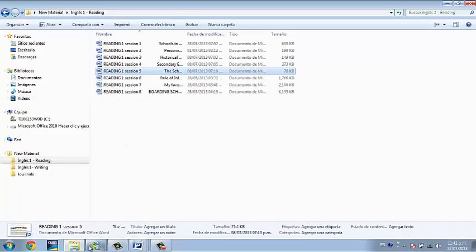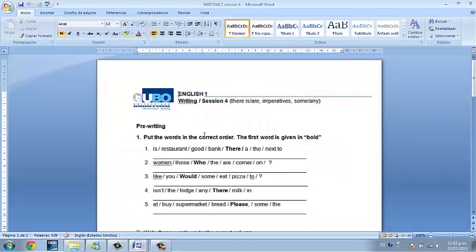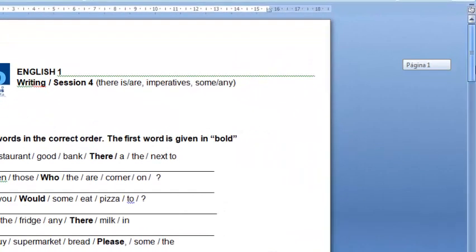Then they will have to look for writing number 4, which is basically word order again, and the content would be focused on there is, there are, imperatives, and some and any, which are countable or uncountable nouns.